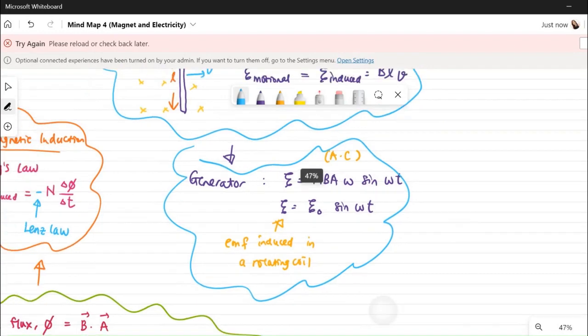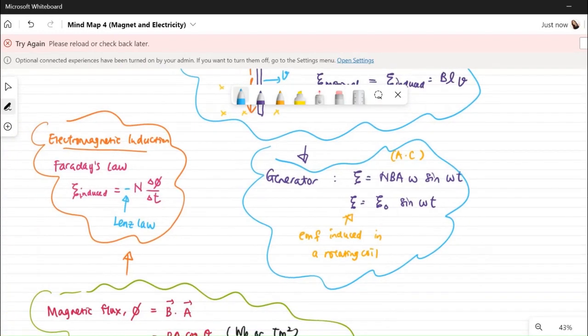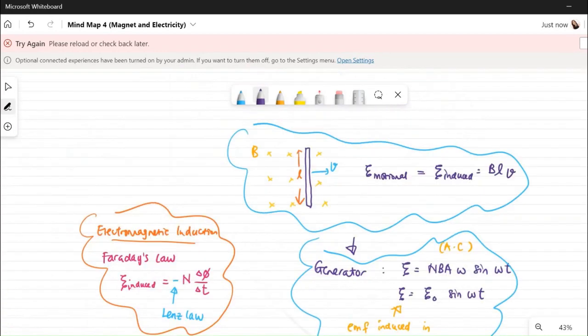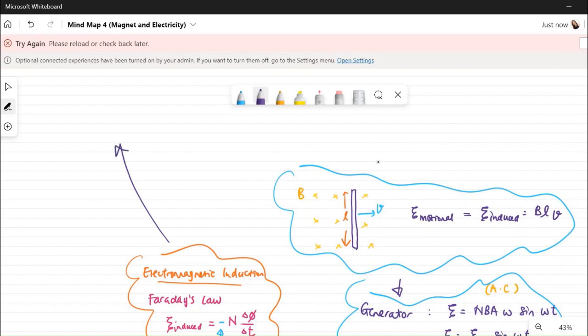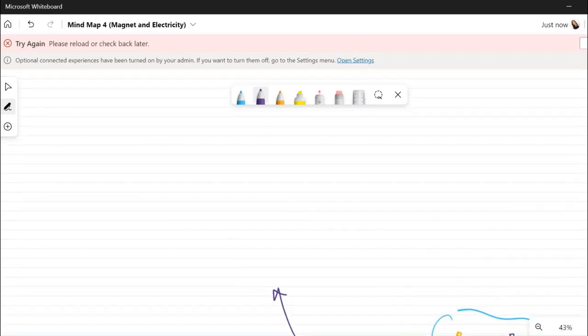And now we can apply what you have learned. The combination of the concept of electromagnetic induction and AC is applied in a device called a transformer. There are two types of transformer: the step up transformer and the step down transformer.